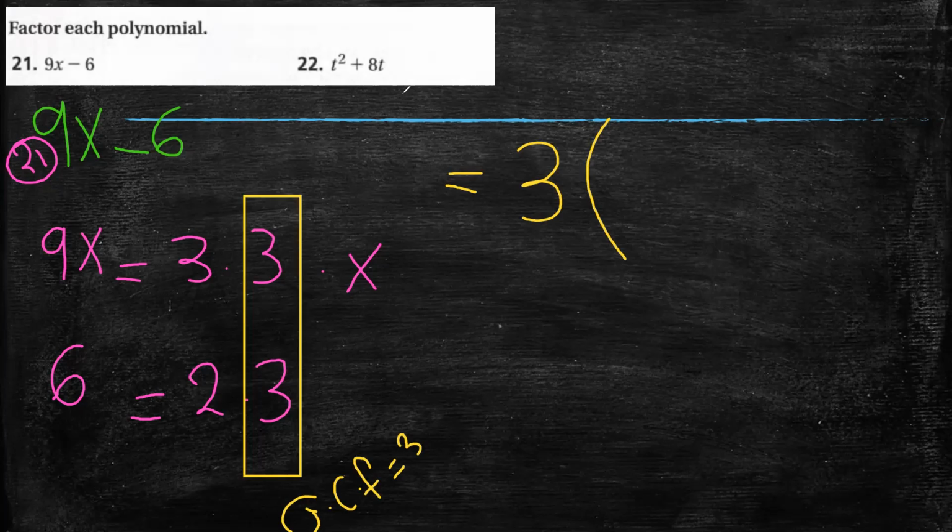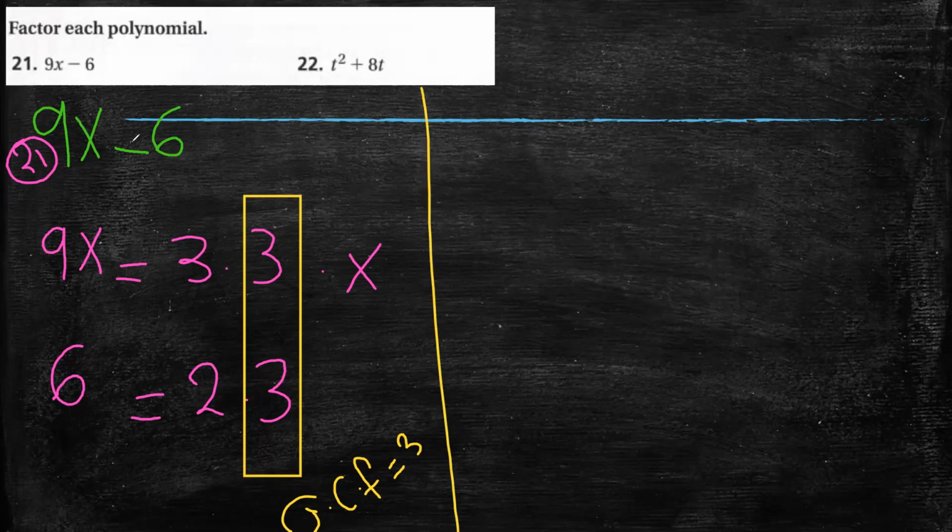Then, I told you I have to factorize a monomial from the polynomial. Now, let's rewrite the function first here. Our function was 9x minus 6. The expression was 9x minus 6. So first, put the GCF here outside. That's what we found. Then go to the first term here, the pink one.